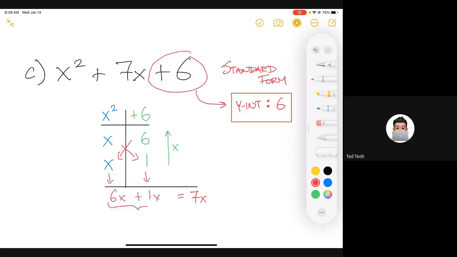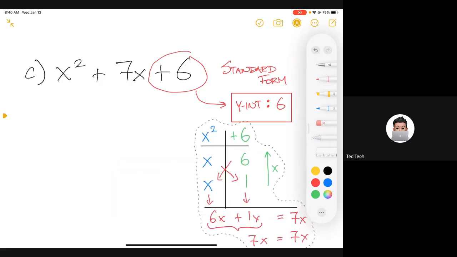So when I look at the work here, it's going to be 7x equals 7x. So my guess of 6 and 1 is correct. Okay, I know it's not going to be 2 and 3. And if you think about it, 2 times 3 is 6, but 2 plus 3 is 5. So that's not going to work out.